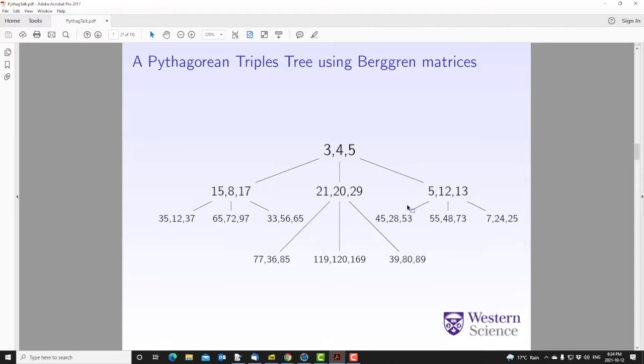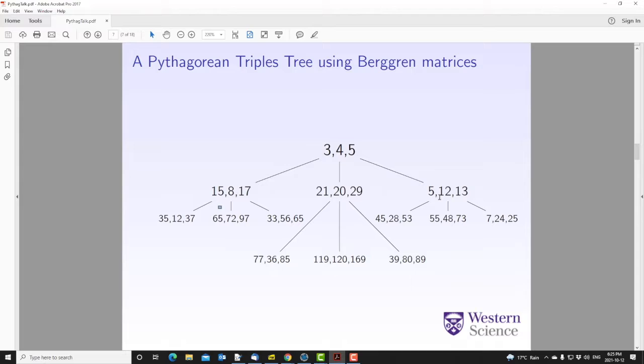If you take 15, 8, 17 as a new generator of a new set of Pythagorean triples, you have 13, 84, 85, 65, 72, 97, 33, 56, 65. Likewise, if you use 21, 20, 29 as the new generator, you have 77, 36, 85, 119, 120, and 169.